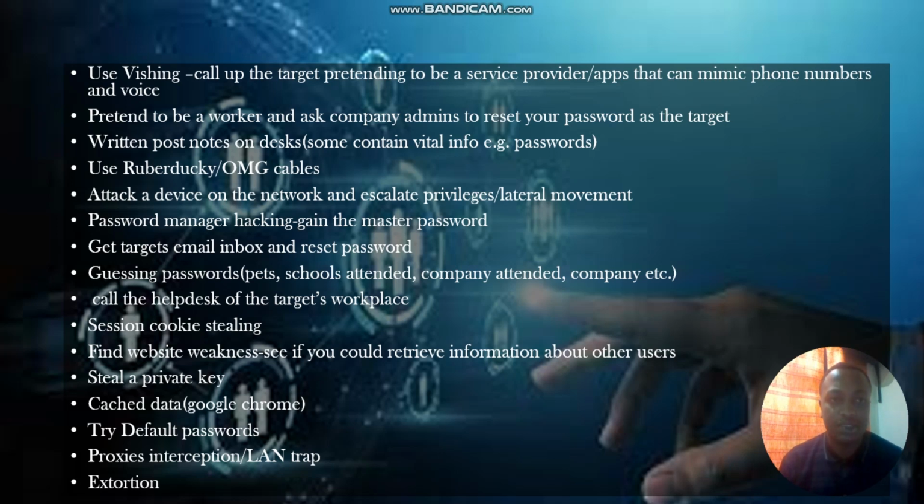Now, we talked about rubber duckies and OMG cables. By the way, you guys, are you aware that some of these cables that we use to charge contain keyloggers? Like the OMG cable has a keylogger, and somebody could come and tell you that you could use their cable to charge your phone, and when you plug your phone into that specific cable, they're able to collect keystrokes of whatever you're doing, and they can create a reverse shell.